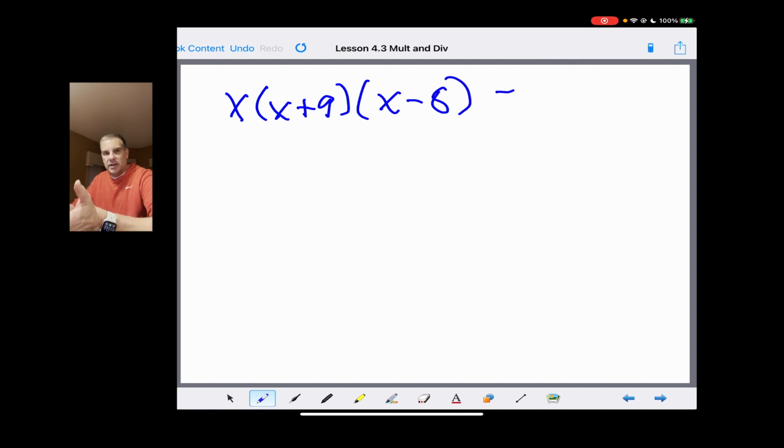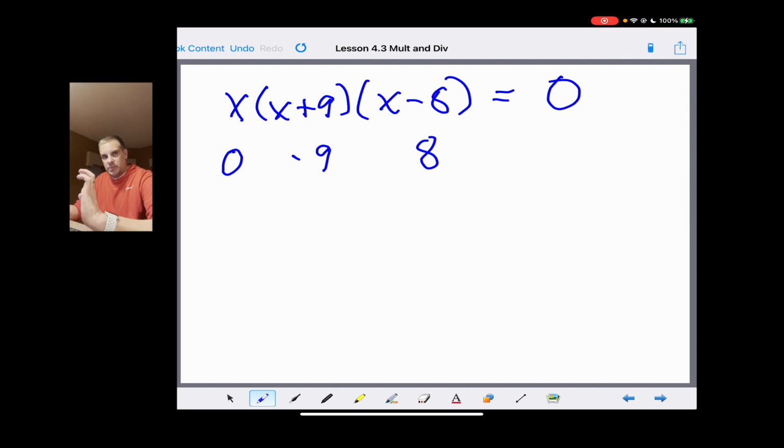When we're trying to find the domain for this, it's all real numbers except for when this is equal to 0. So you have to take that before you reduce and figure out which pieces of this make it 0. So that's 0, that's negative 9, and that's 8.